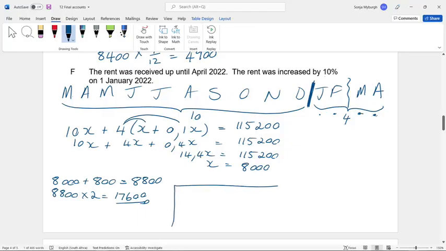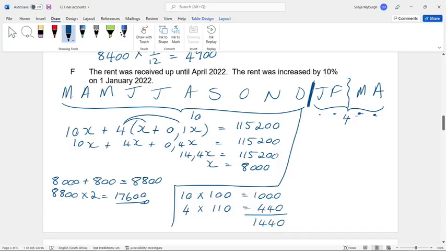The other method that you can also use, you have 10 months where you receive the original, the 100. Then for the next 4 months, it was an increase of 10%. That's why we use 100 for the percentage. So that is 1,000. 4 times 110, 440. So in total, we received 1,440 parts.